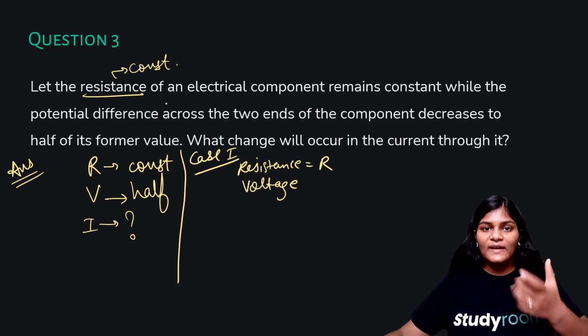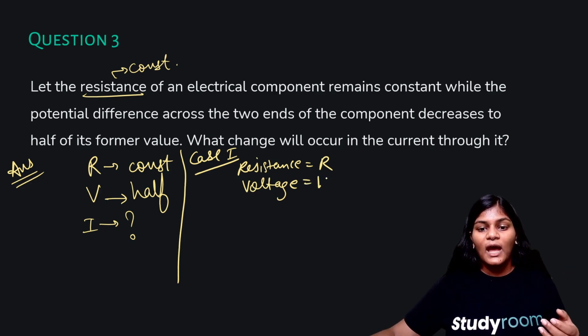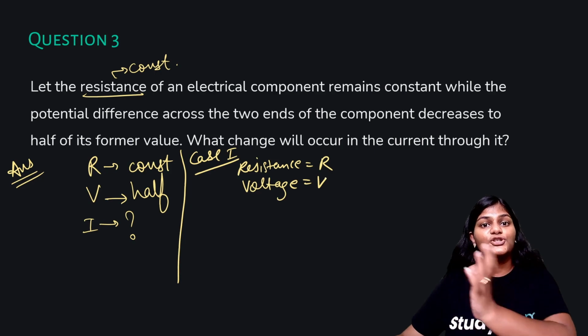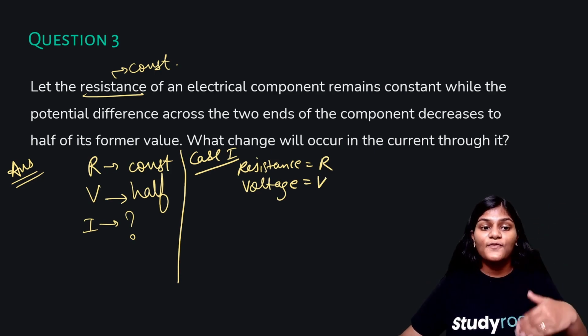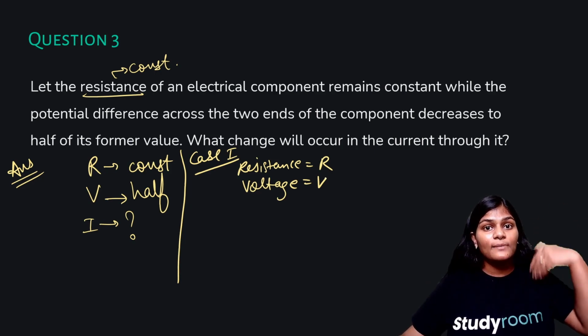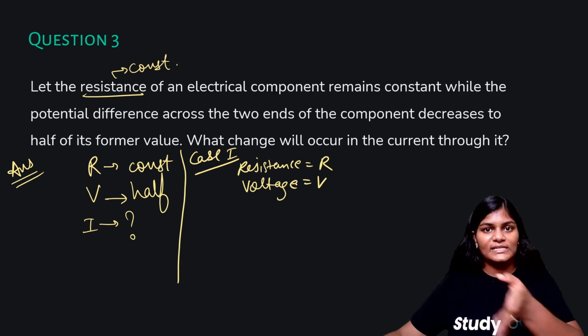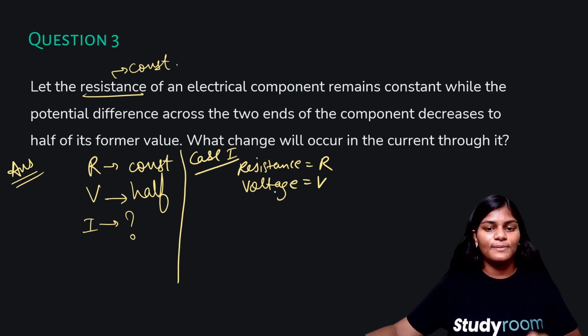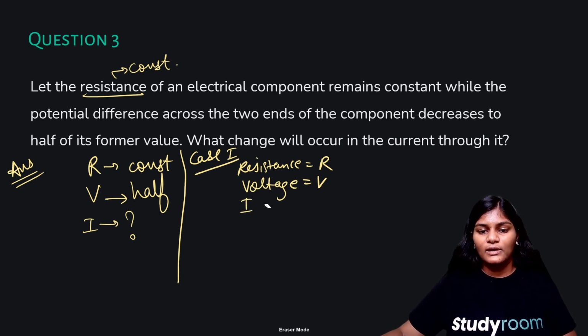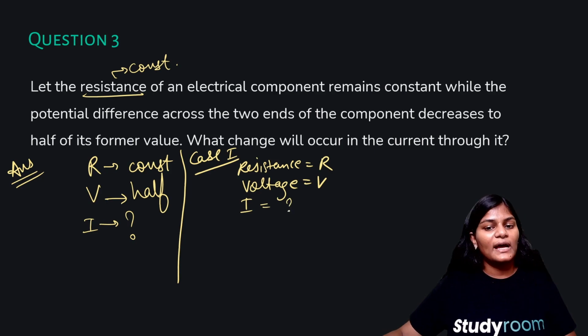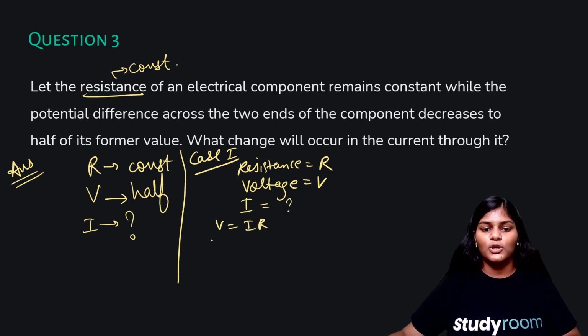So the former value is some value, say V, and in the second case, in case 2, it decreases to half of its value, which means it becomes V by 2. So voltage becomes V in the first case. In second case, it would be half, which is V by 2, and current I. If we have to find the I here, what is V equal to IR? You will write using Ohm's law, I is equal to V upon R.